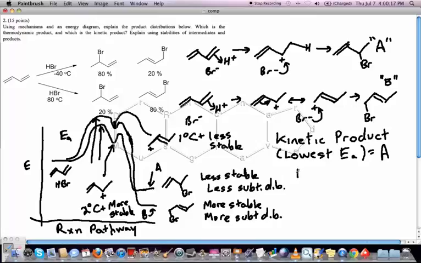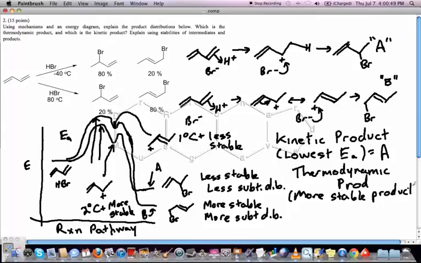The thermodynamic product is the more stable product, and that's going to be B. And the reason we're saying this is the more stable product is because it has a lower energy.